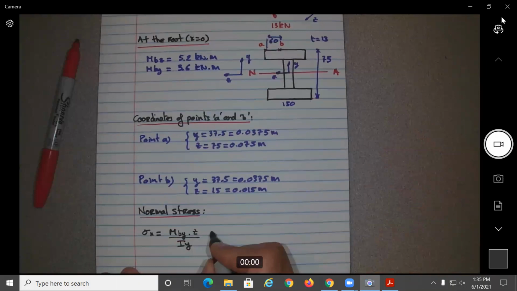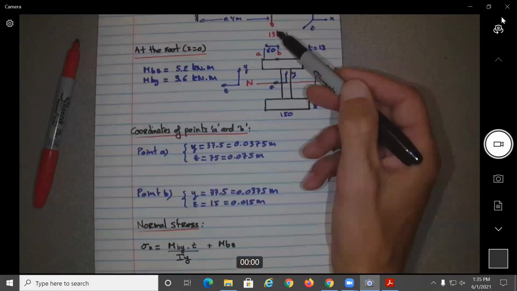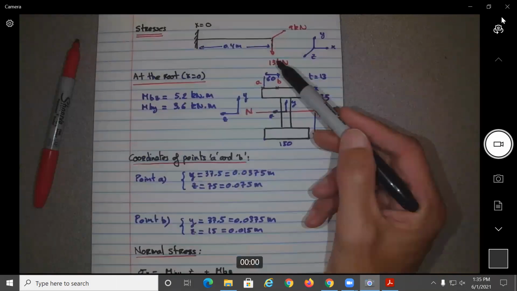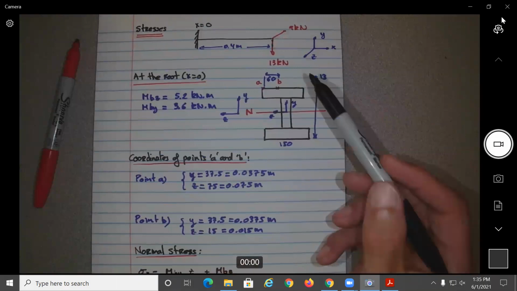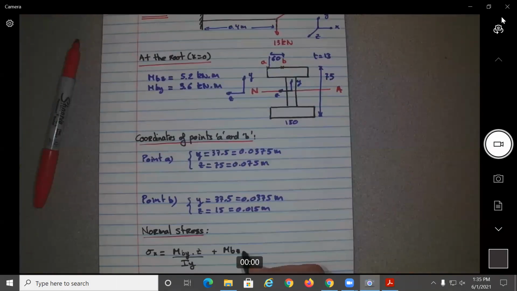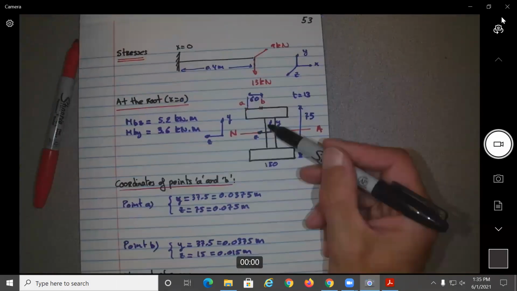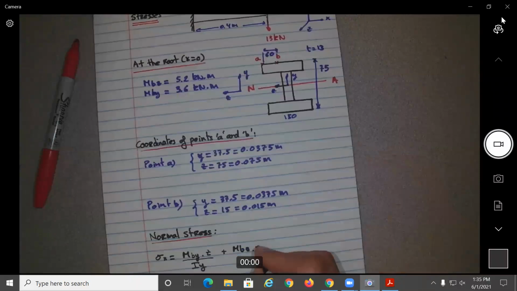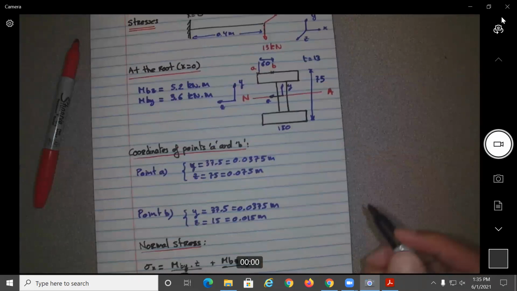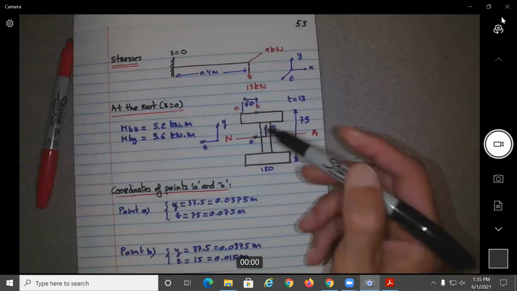Then we already said that the other one that will be MBZ is this one right here, created by the 5.2, 0.4 times 13 will be 5.2. This one is going down. So A and B we said was going to be also in tension. Okay. So these two values, we're going to take the positive value. MBZ now will be changing in function of Y, will be here. And this will be bending about the I of Z.